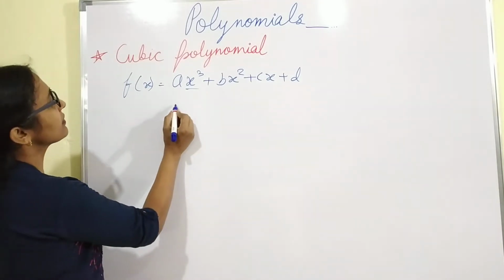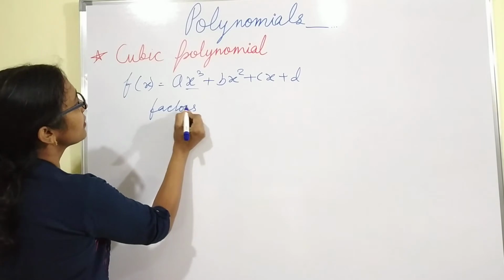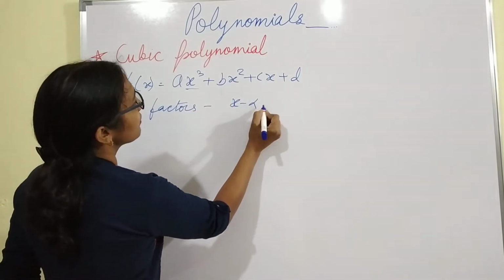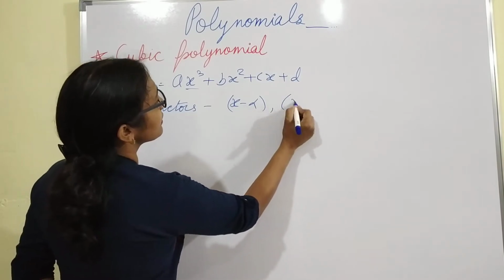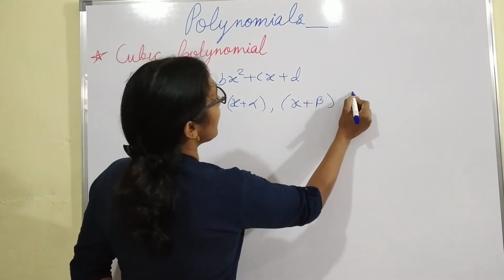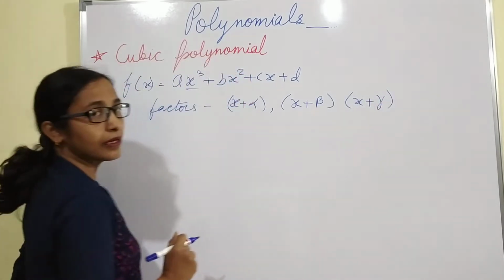The 3 factors will be x minus alpha, x minus beta and x minus gamma.